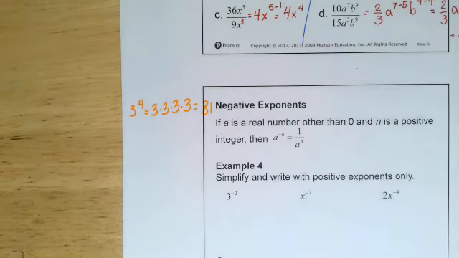What if it's a negative? How do I multiply 3 times itself -4 times? I don't know. So I reciprocate it. And to reciprocate means to flip.